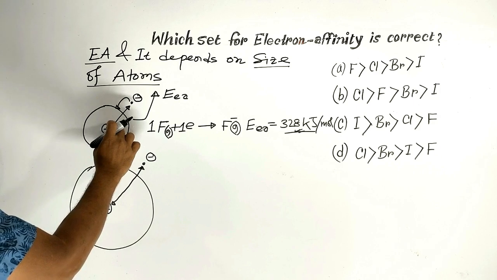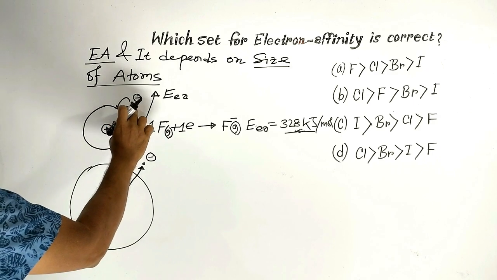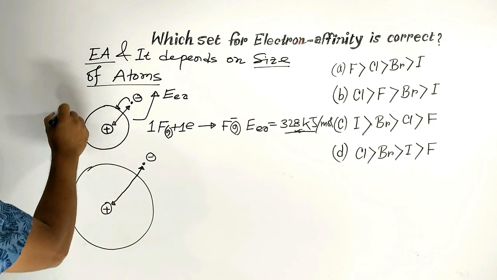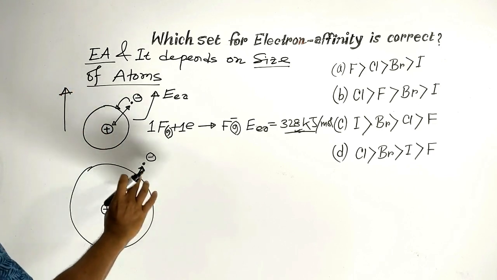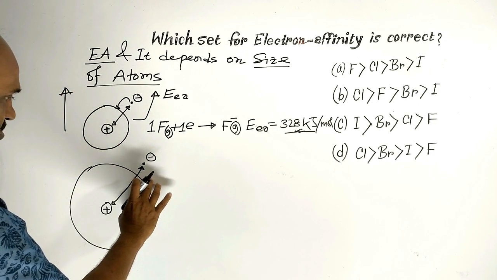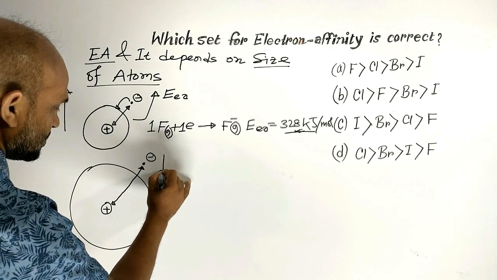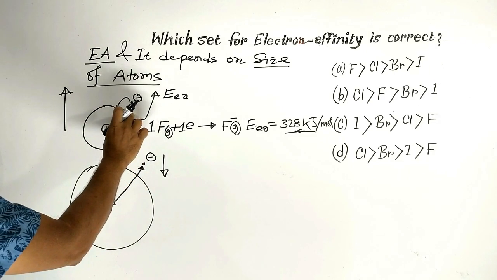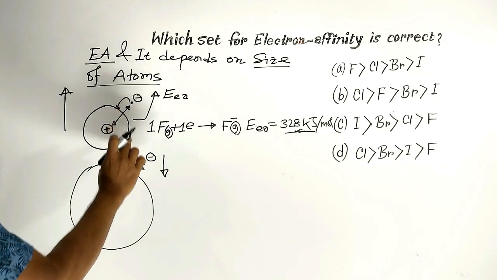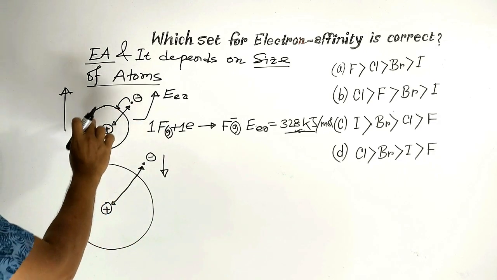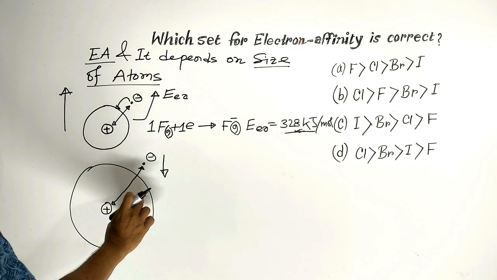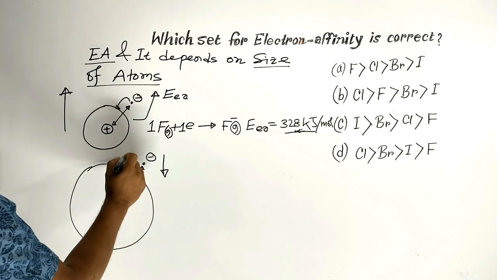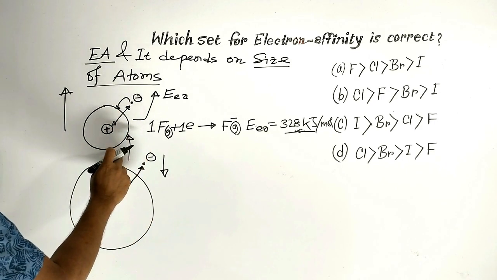Attraction depends on the distance. Less distance, higher attraction. Bigger distance, less attraction. That is, attraction depends on the size of the atoms. Attraction increases when the size of the atom decreases.